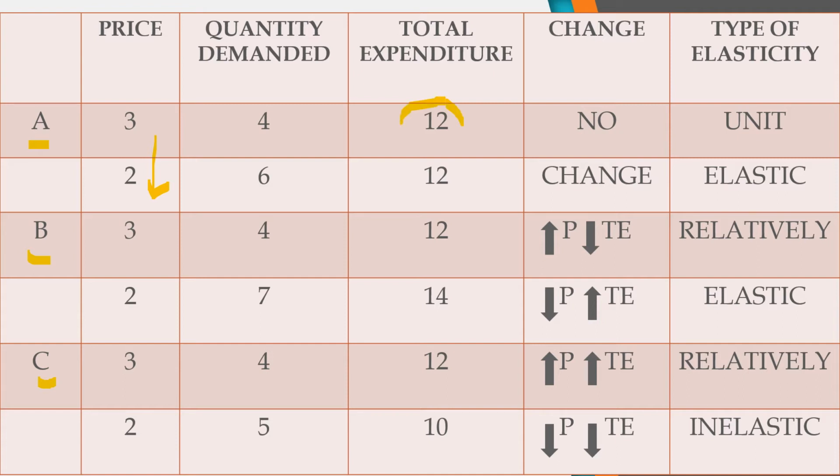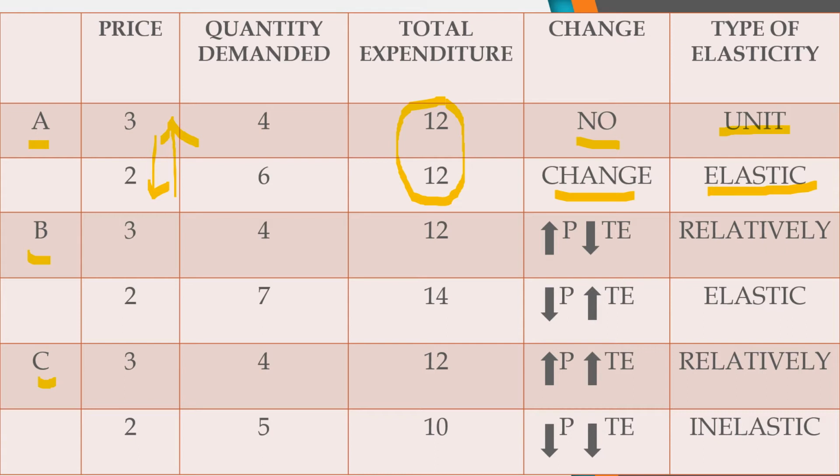We can clearly see in this case there is no change in total expenditure. So what is the type of elasticity? When there is no change in total expenditure, even if the price rises or falls, the type of elasticity is unit elastic demand.